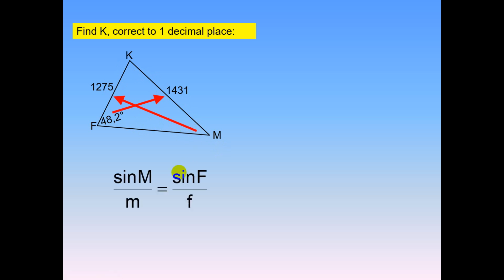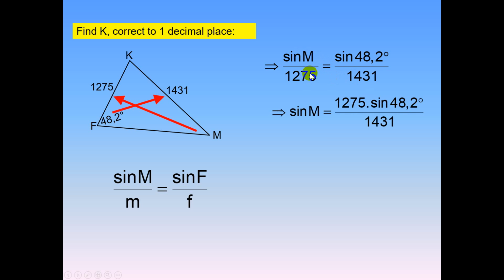Using the sine rule, we can say sine M over small m is equal to sine F over small f. Substituting the values, we have sine M over 1275 is equal to sine of 48.2 over 1431. We can cross multiply. After we cross multiply, we're going to divide both sides by 1431.